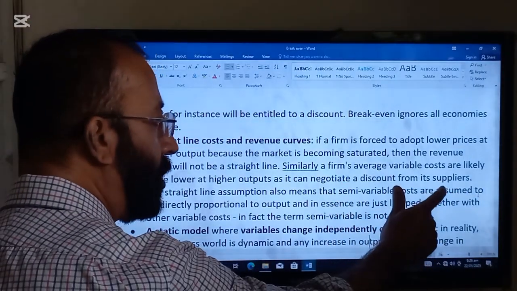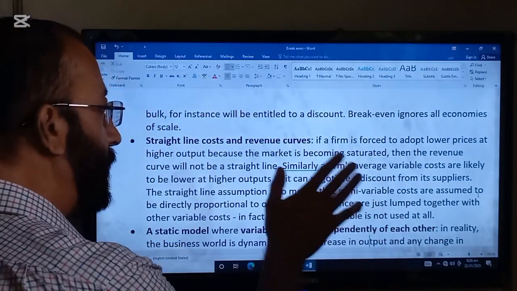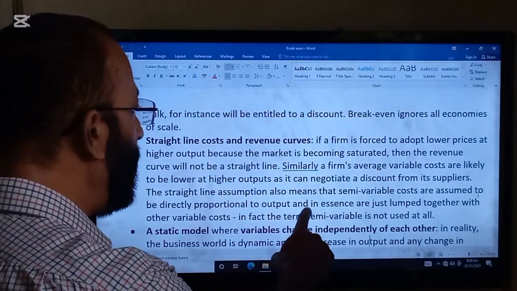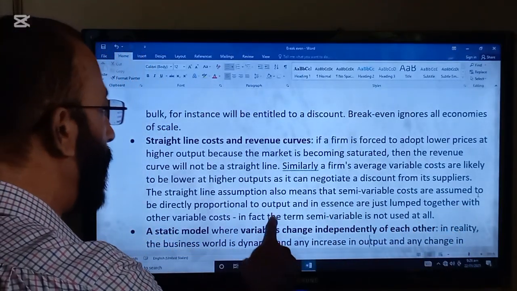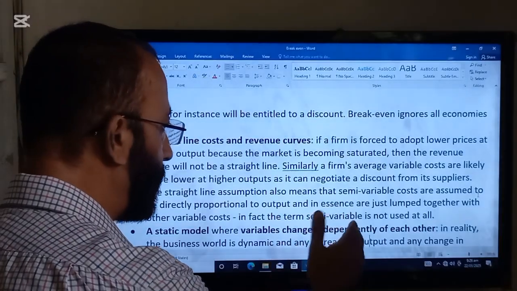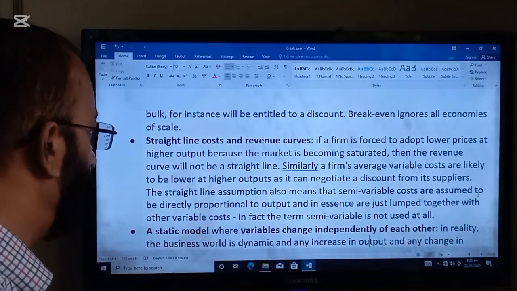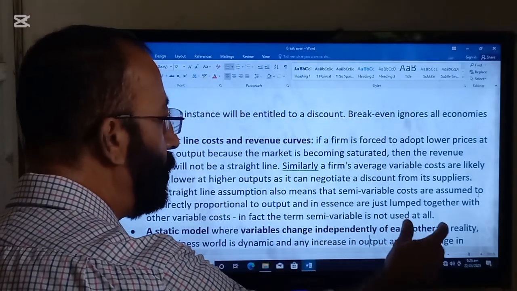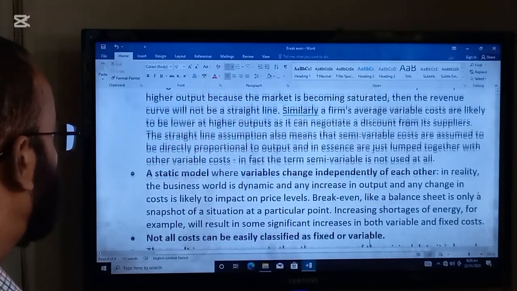This is also not considered in break-even analysis. The straight line assumption also means that semi-variable costs are assumed to be directly proportional to output and in essence are just lumped together with other variable costs. In fact, the term semi-variable cost is not used at all in the break-even analysis.